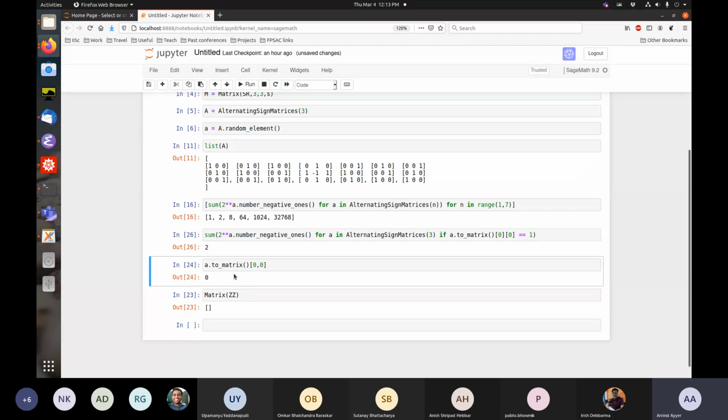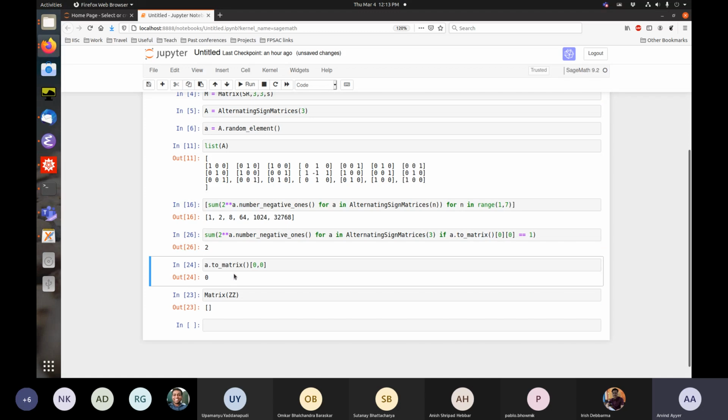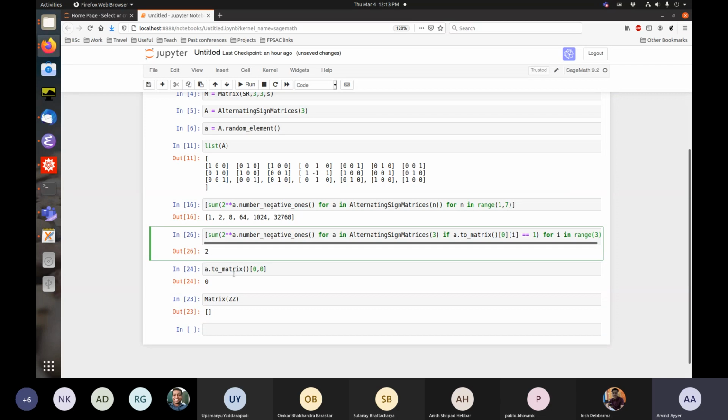Is it clear? Please ask if there are any questions. Oh, I forgot to say that I have shared the previous program, and I will share this. Okay, so now this is for this, and now I'm going to look at the ith column. So now I'm going to take a range for i in range n, range 3.